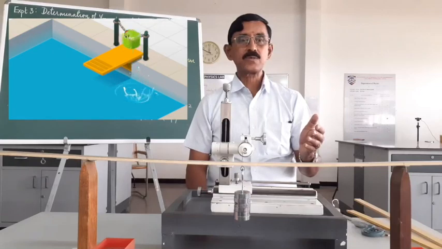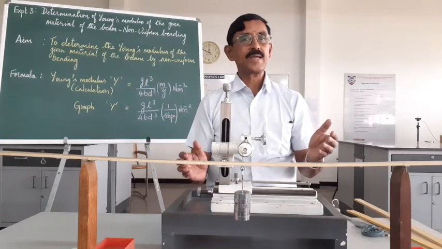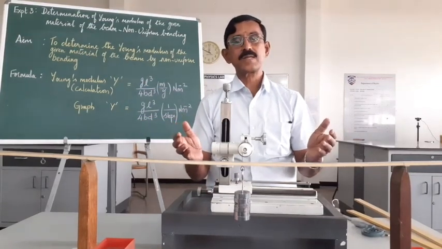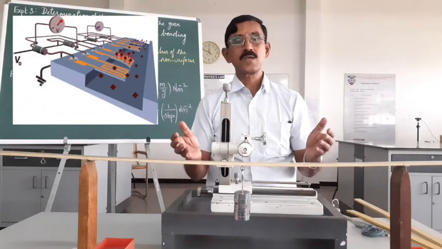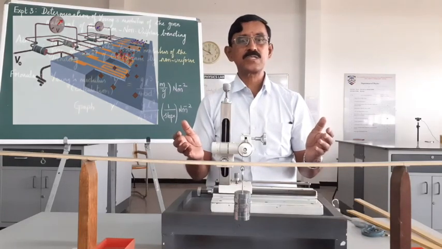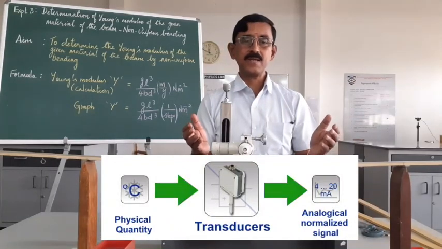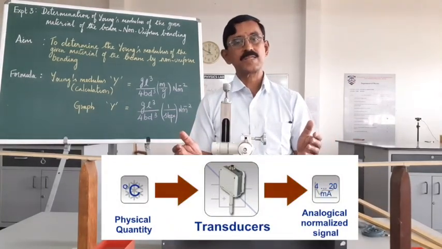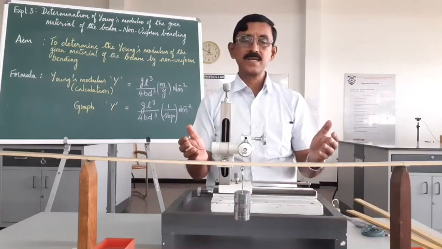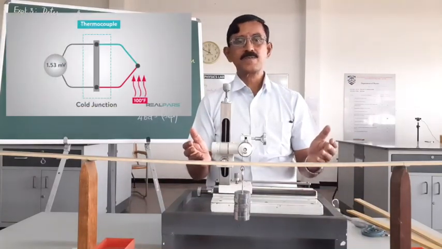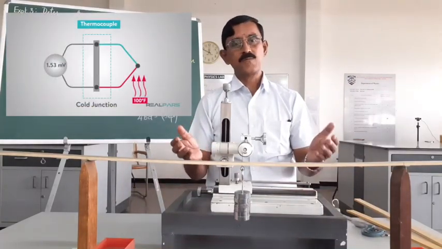Coming to MEMS again, a longer flexible micro cantilever, 100 microns, works as a best transducer or sensor. What is a transducer? A device which converts one form of energy to another. A sensor is like a thermocouple which converts heat energy into a voltage.